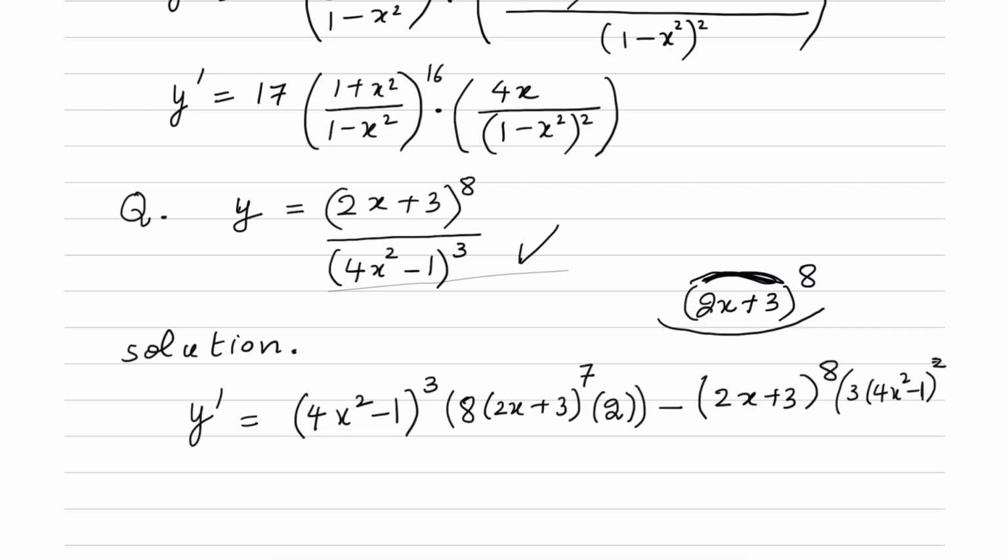So its derivative is 8x. 4x square derivative by power rule is 8x, minus 1 derivative is 0. So it's just 8x. Back to the quotient rule.